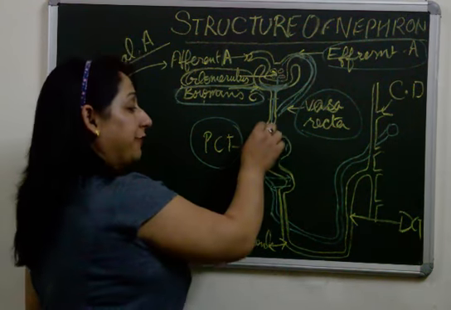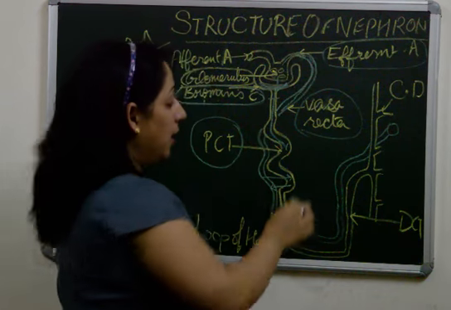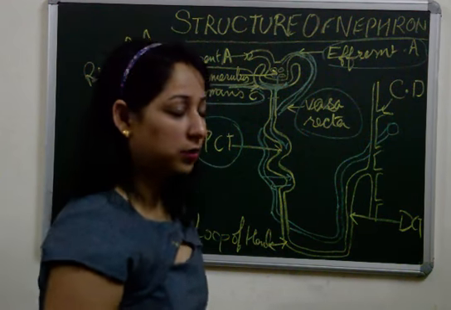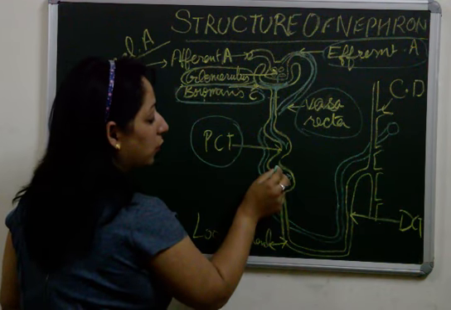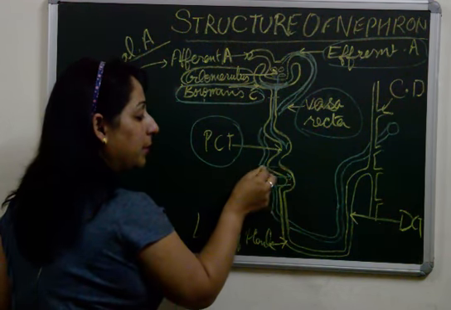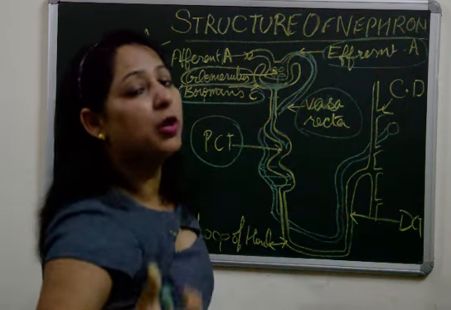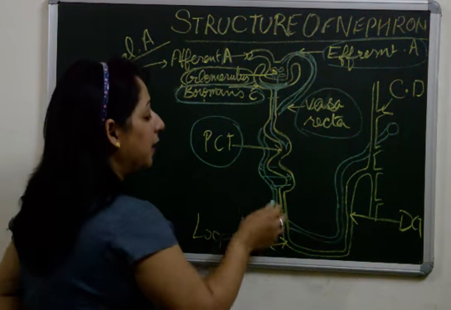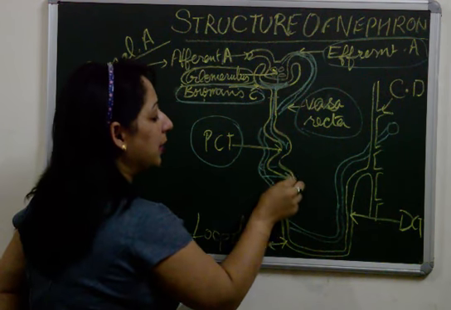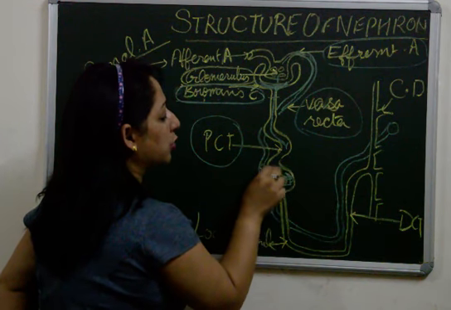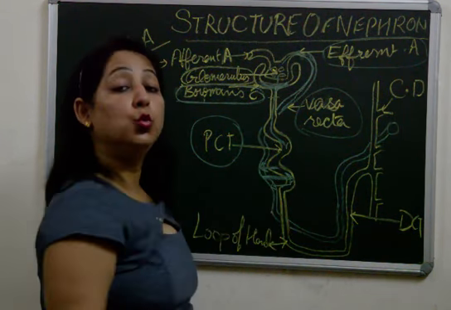That is, if this glomerular filtrate has excess of salts and water, these excess salts and water will be passed into the bloodstream in vasa recta, and if some amount of harmful substances are left in the blood, that will be reabsorbed in PCT here by the process of diffusion.